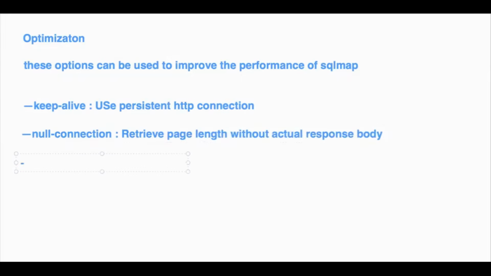And you can increase the threads as well. The flag will be hyphen threads, and you have to provide a value for it. Threads means basically the maximum number of concurrent requests per second.